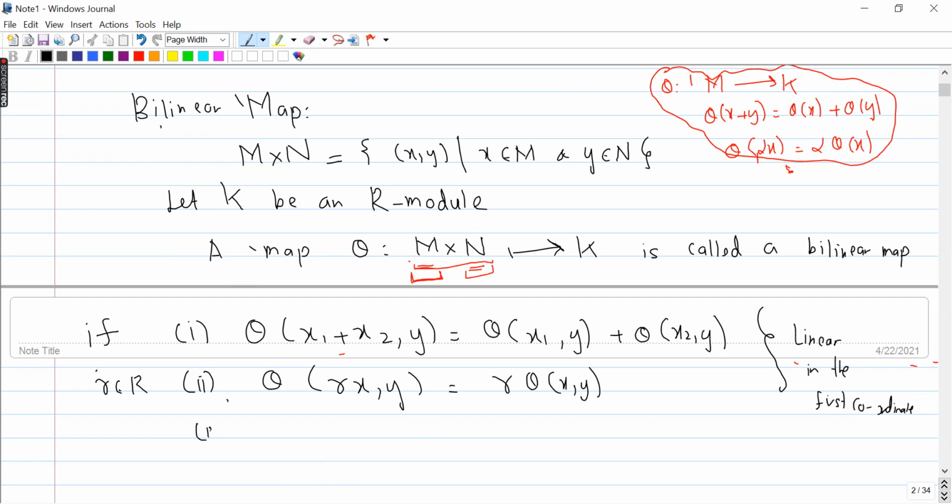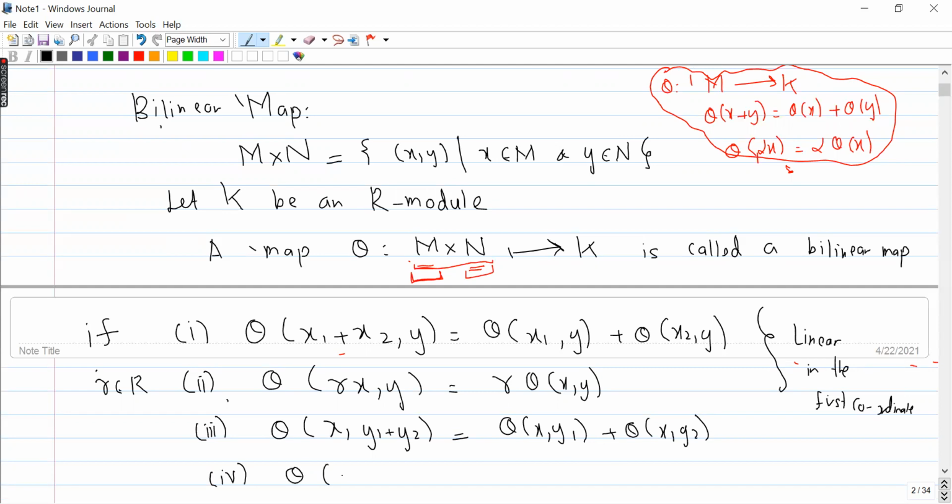What is the third condition? Now it should be linear in the second coordinate. So theta of (x, y1 plus y2) should be equal to theta of (x, y1) plus theta of (x, y2).